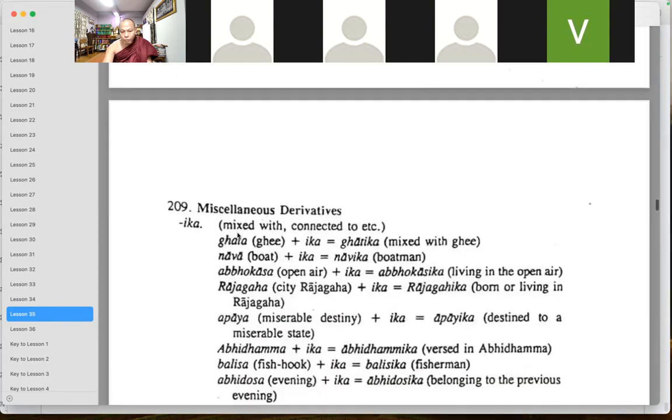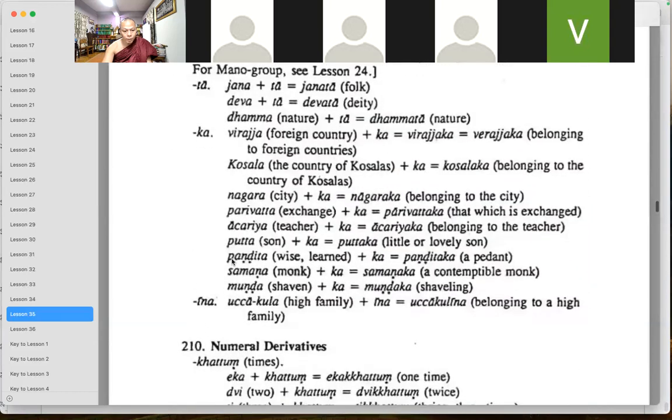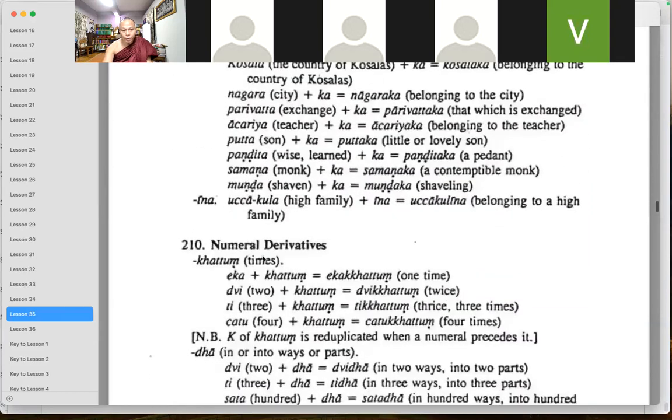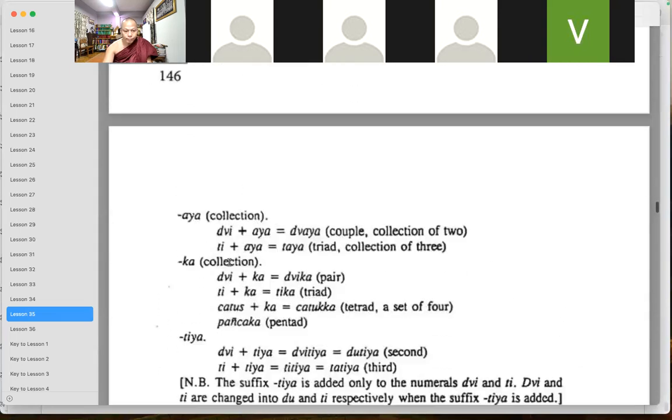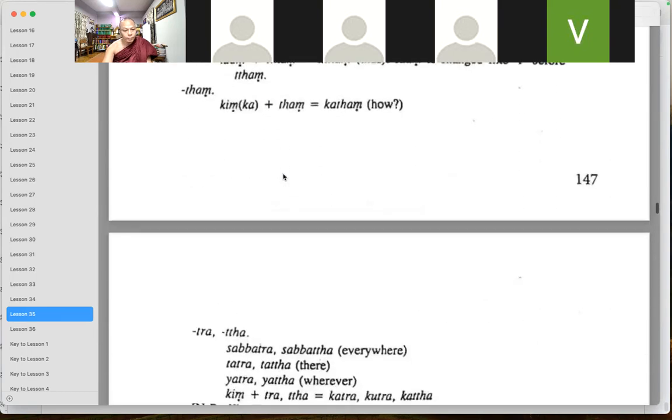Miscellaneous derivative, those are mixed with the quantity. Yeah, 209 as well. So two numeric derivatives also, 210 and 211.